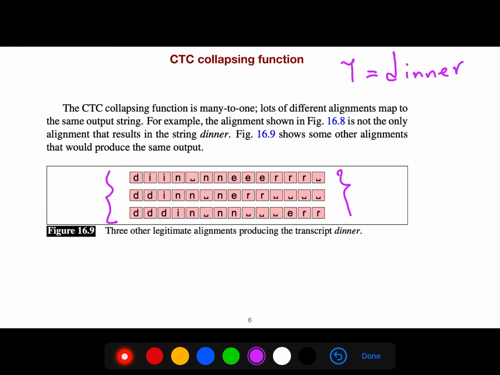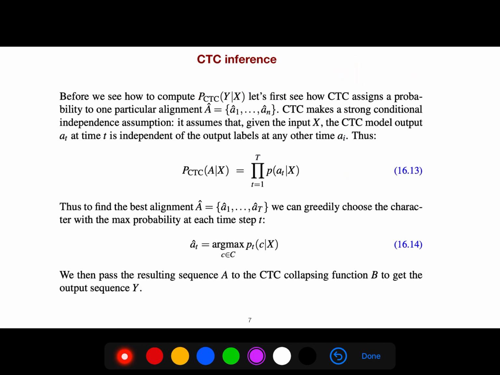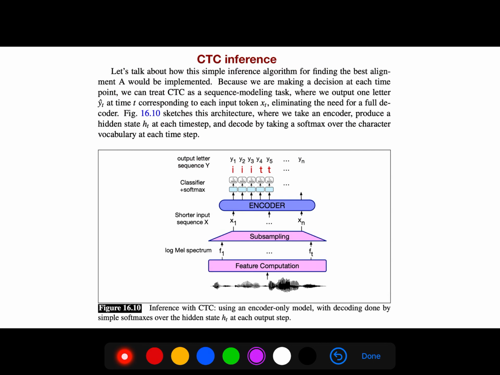Even if we create that, we will see that we have a problem, because some of them may not lead to the final answer if we sum over all of these things.